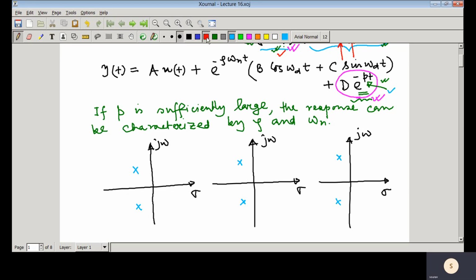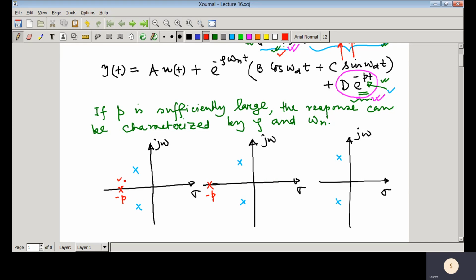But if we introduce a pole, say at minus p, this is the first case. The second case is suppose we have moved that pole a little bit away from the origin.